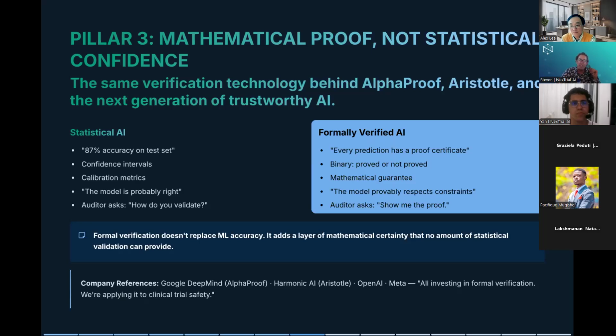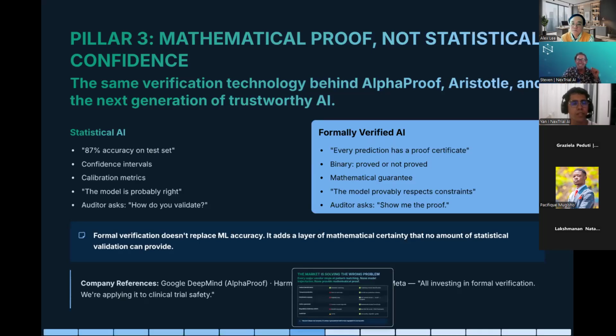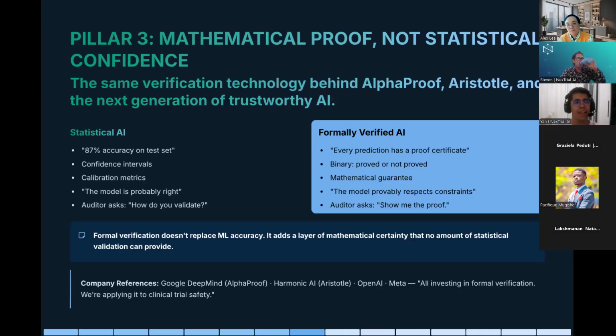Not today, but by 2027. One thing also about this pillar that Steven said is that we have the mathematical proof and we have the clinical constraints inside of the model. What we have here is not explainable AI itself, because explainable AI comes after the model is trained.